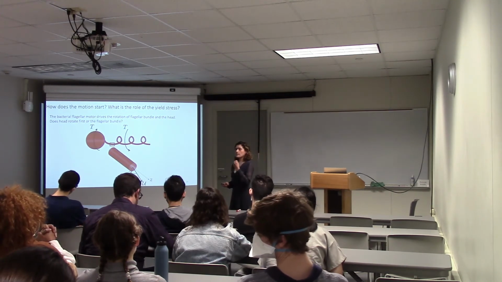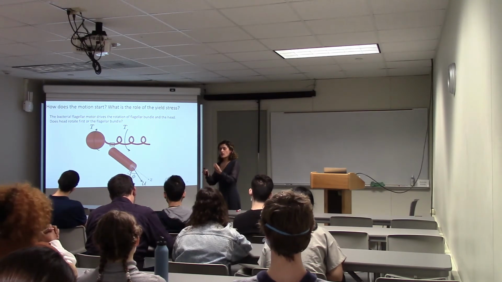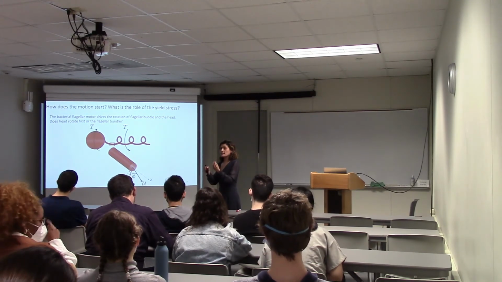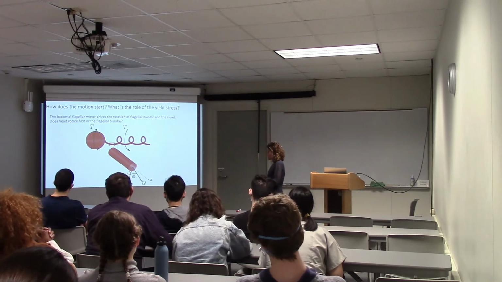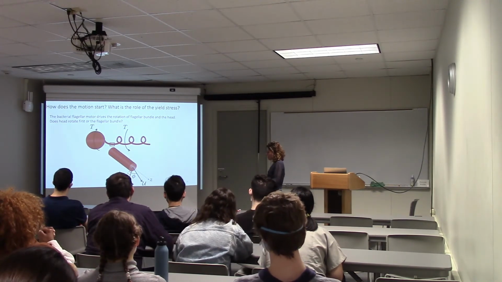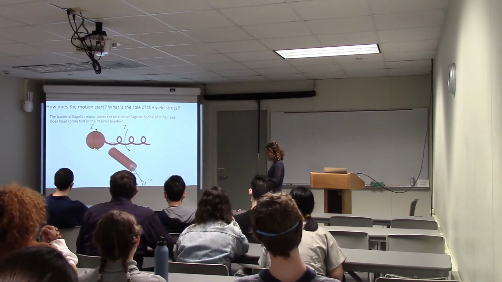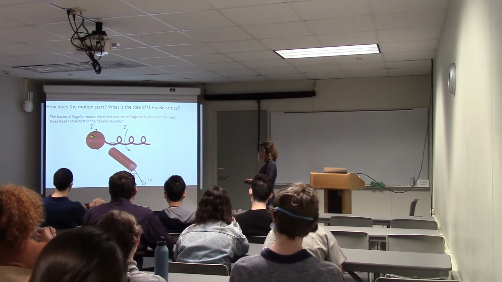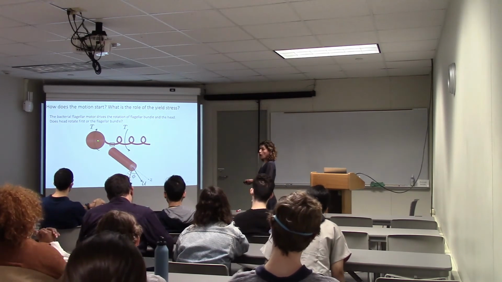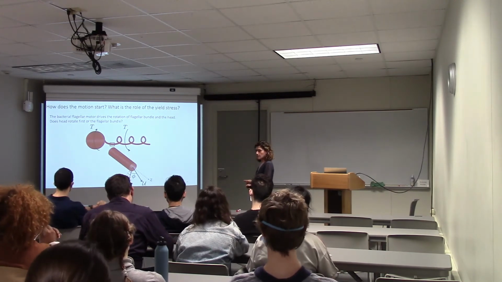As I mentioned, the mucus has a yield stress. So for the motion to get started, the microorganism should overcome the yield stress. And the way that it works, there is a flagellar motor inside the head of this microorganism that imposes an identical torque, but opposite in direction, to the head and to the flagella.